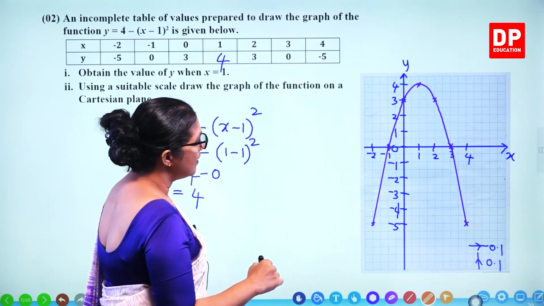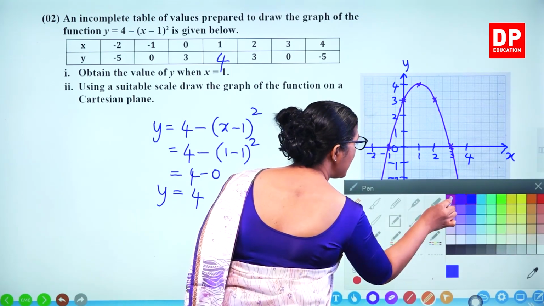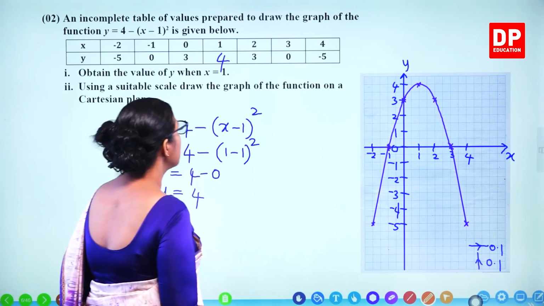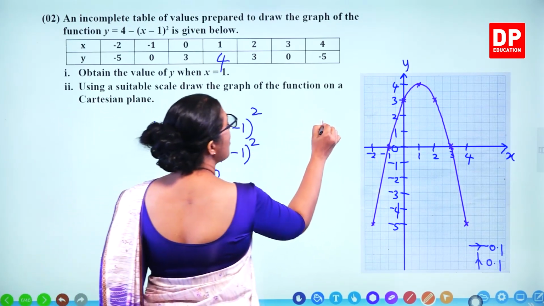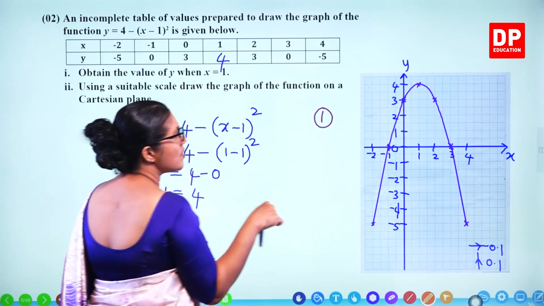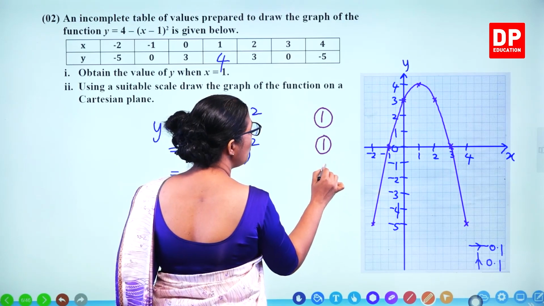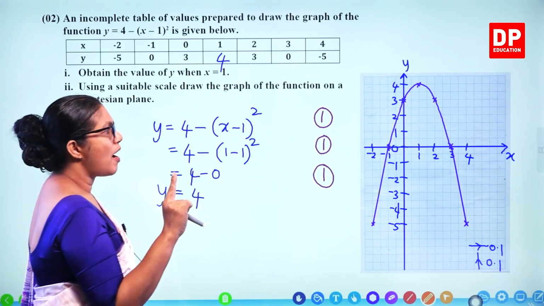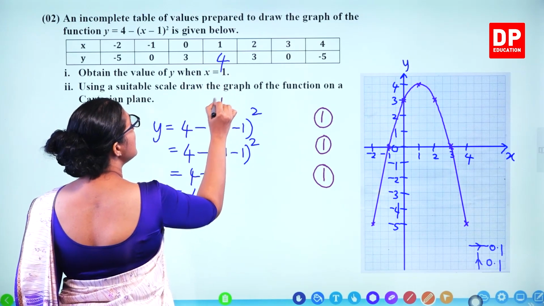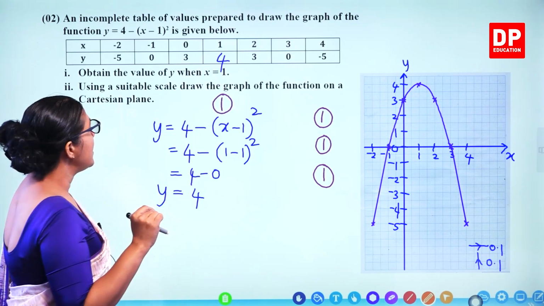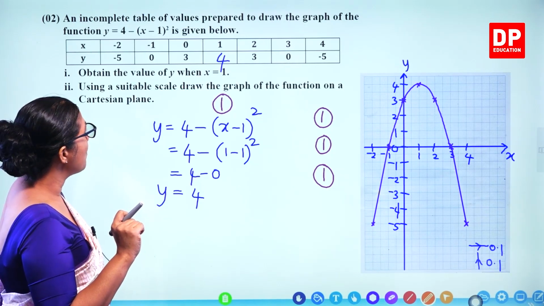So that's the graph, the quadratic graph. So how many marks for that? Always 3 marks for the graph: 1 mark for adjusting the scale, 1 mark for marking the points, and 1 mark for smoothly connecting. So 3 marks there and 1 mark for finding the value of y here. So altogether 4 marks for this step.